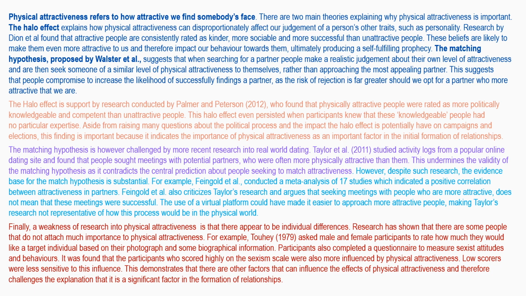Obviously, it goes without saying that even if the question doesn't ask for these 2 theories in particular, and it's just a generic physical attractiveness question like the one in the last essay, you could just write about these 2 theories anyway. If you would rather learn fewer theories, but therefore have to put them in more detail, then this is how you would do it. Okay, so it's completely up to you. You don't have to include the evolutionary theories if you don't want to.